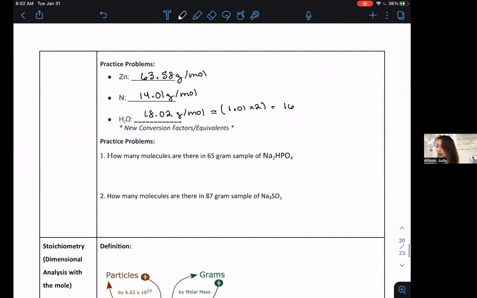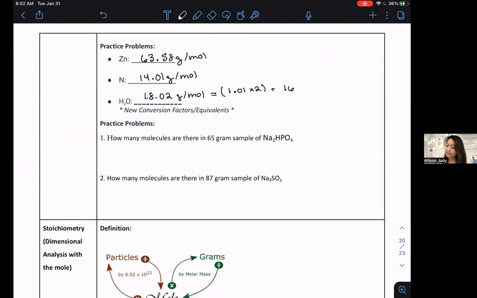So let's say, how many molecules are there in a 65-gram sample of Na2HPO4, sodium biphosphate? When we're looking at a unit conversion problem, always start with what you're given.